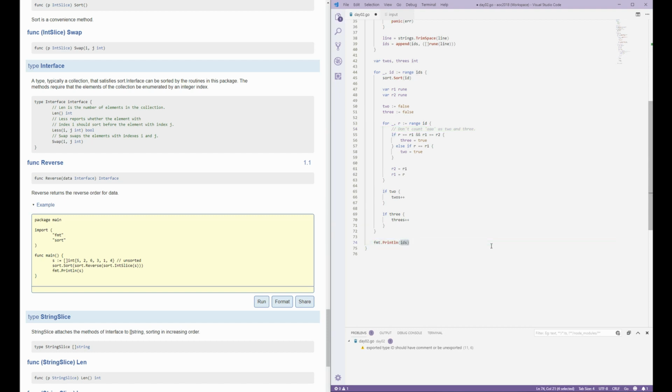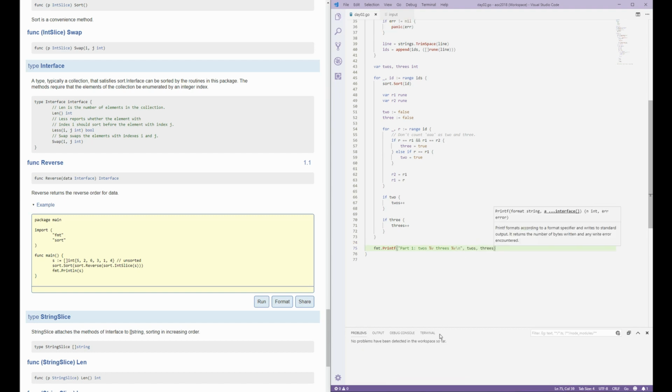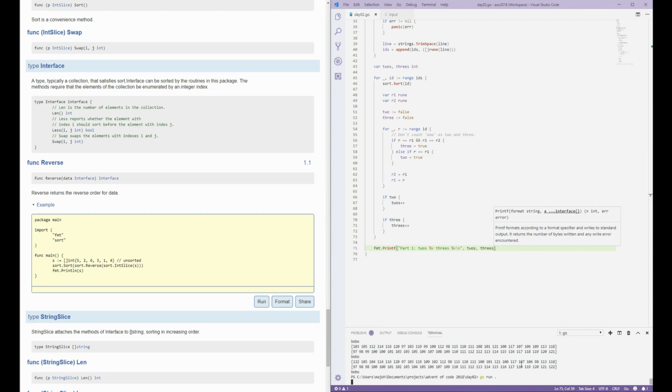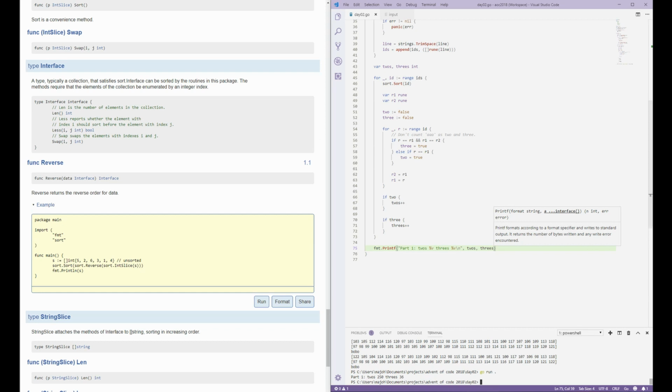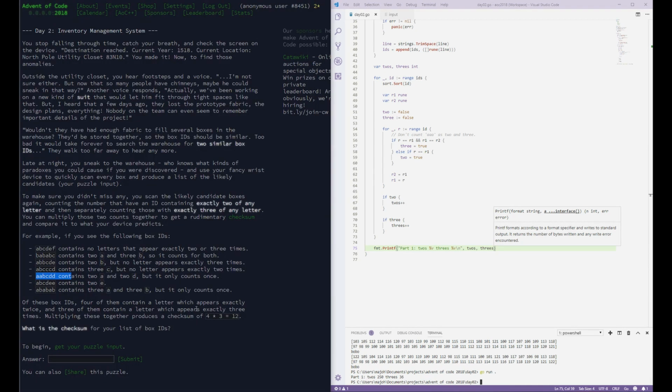Then let's just print F. Choose these. Let's do choose these. Part 1, choose phrase. But now I suppose the checksum is to actually choose type phrase.